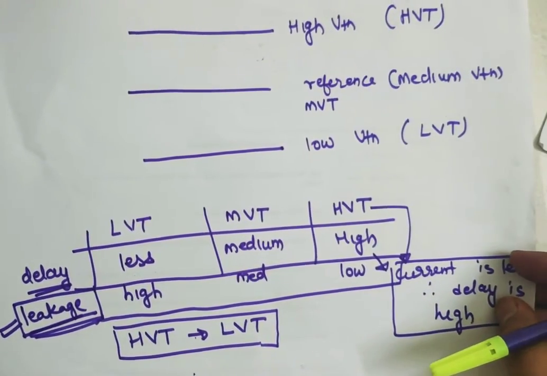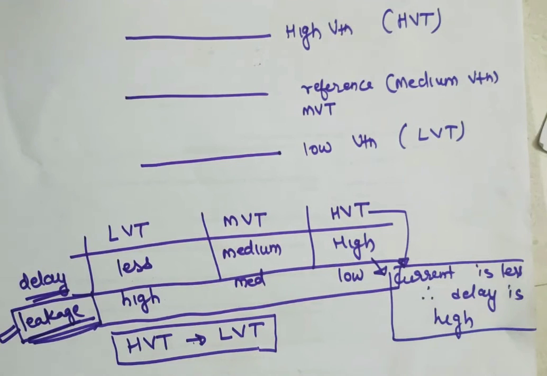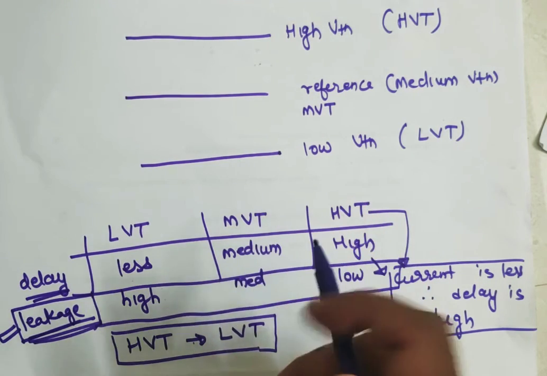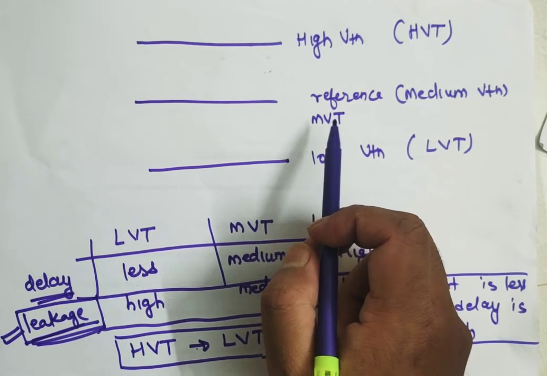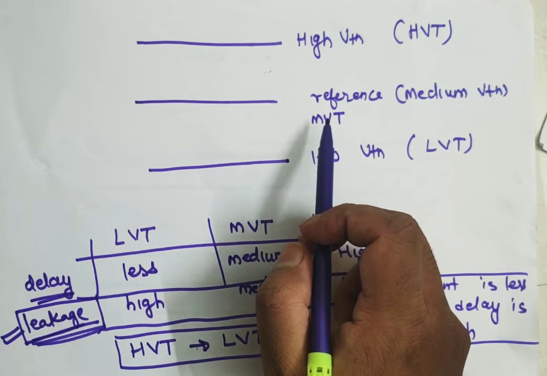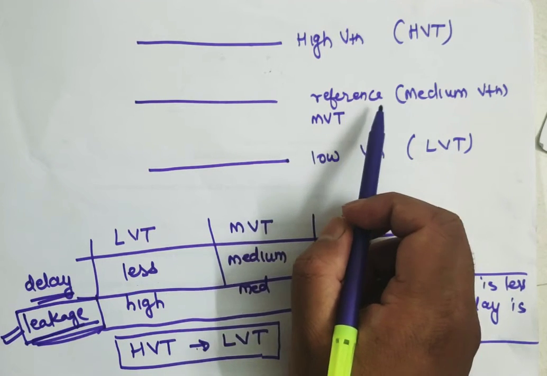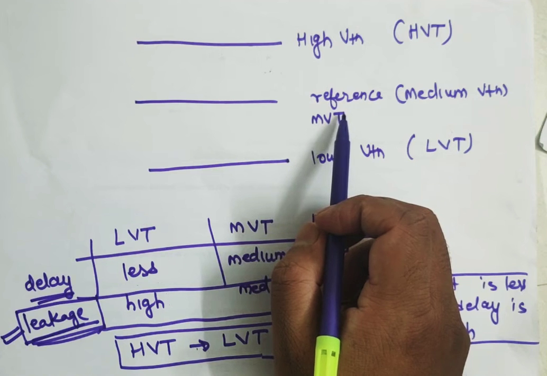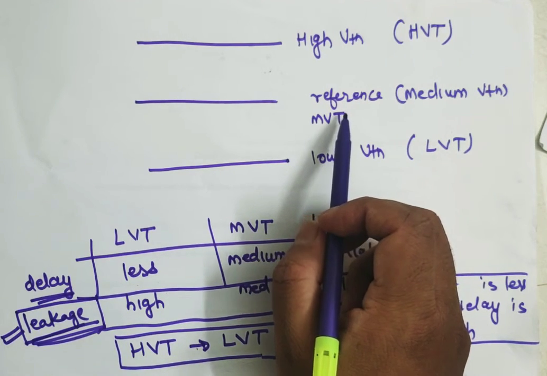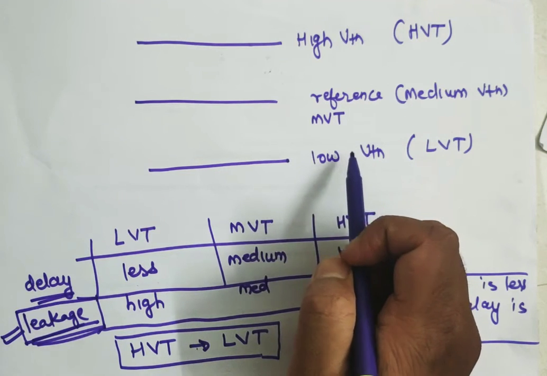In the end we will see what types of VTs we are having. Let's say we are defining a reference VT. That VT is called a medium VT, correct? And by changing other parameters, we have achieved a VT which is higher than the reference VT. That VT will be called a high VT, and by changing the parameters, we have achieved a VT which is less than the reference or medium VT, that will be called a low VT.